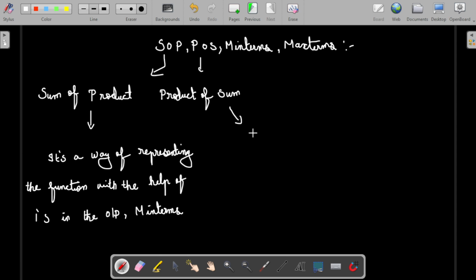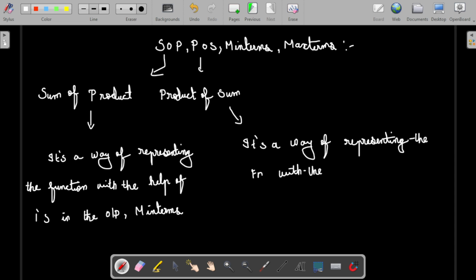Product of sums is the same. It is a way of representing the function with the help of zeros in the output.